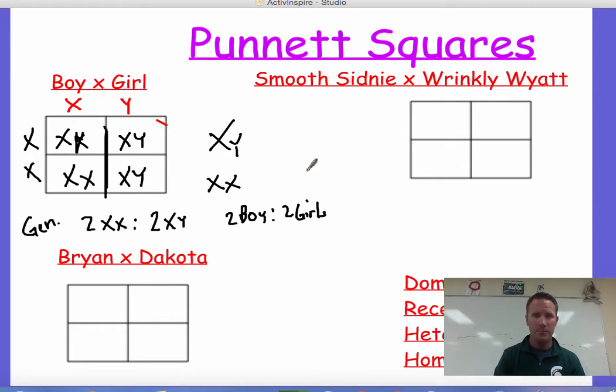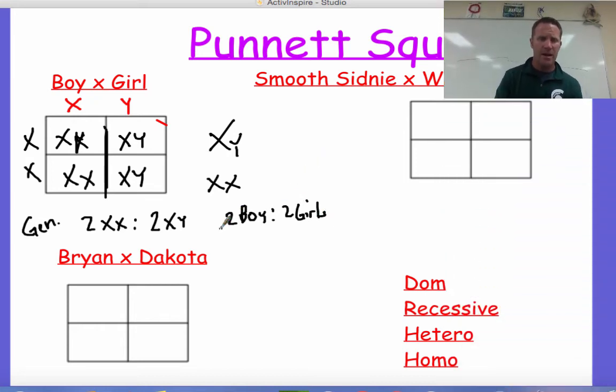Okay, so a couple examples. I had Tall Brian and Short Dakota, just random names off the top of my head. Tall Brian is heterozygous, so he's big T, little t. So heterozygous means big, little, like big R, little r. It means you've got a mixture of the letters. They are opposites. And you have Dakota, who is short, so she's little t.